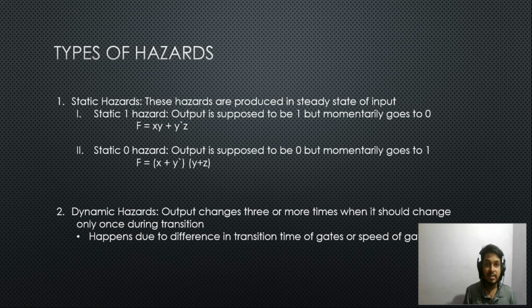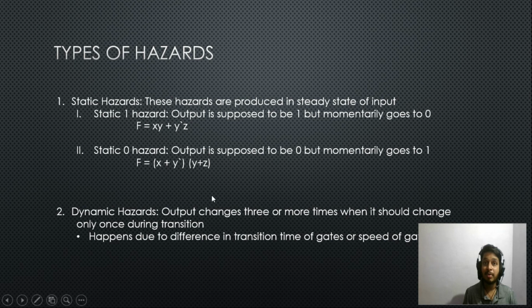So finally, we will see the classification, the types of hazards. There are two types of hazards mainly. One is called static hazards and one more is called dynamic hazards. In static hazards, the one example that I showed you is actually a static one hazard, which means the output was supposed to be 1, but momentarily goes to 0.